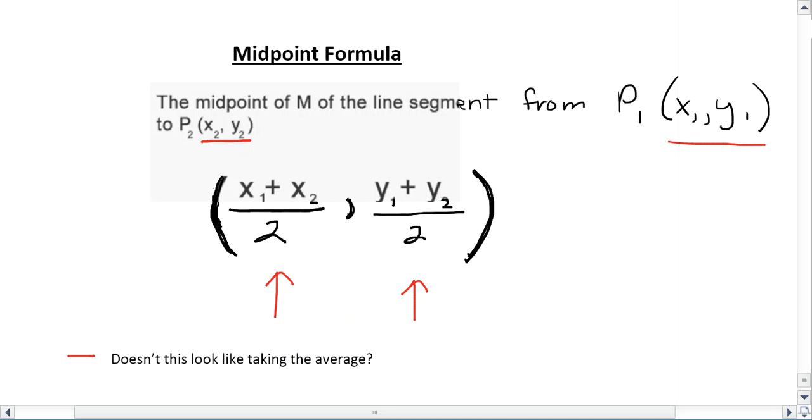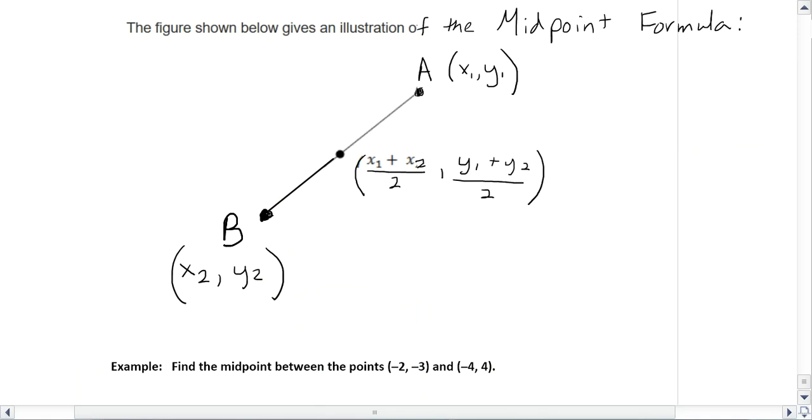And my comment for you is, doesn't this kind of look like you're taking the average between the 2 x's and the average between the 2 y's? Because it is. Taking the average finds the middle. All right, this is just an illustration of the midpoint formula, with A and B being the 2 ends of the segment, and this point M here is the midpoint.